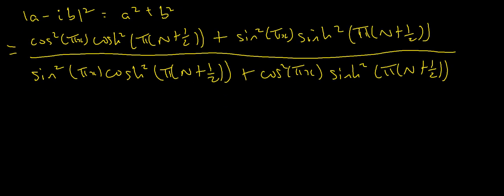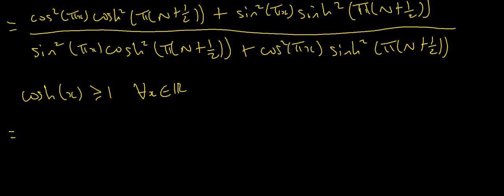Okay, so I can actually simplify this a little bit. I know that cosh of x is greater than or equal to 1 for all real values of x. So that means I can divide the top and the bottom by cosh squared pi times n plus a half. And what's that going to give me? If I divide the top and the bottom of this fraction by cosh squared pi times n plus a half, this term is going to vanish and go to 1. So I'm going to get cos squared pi x here.